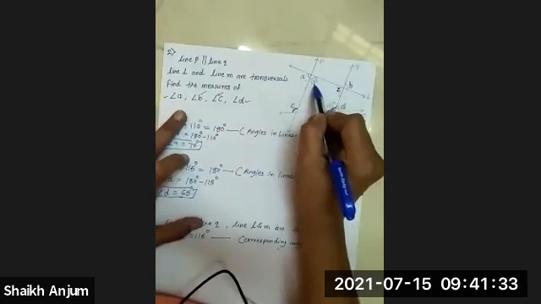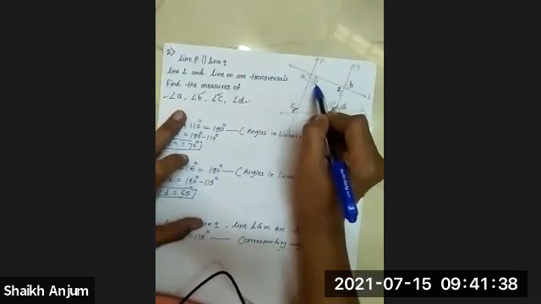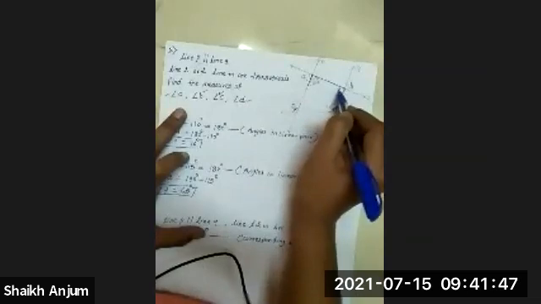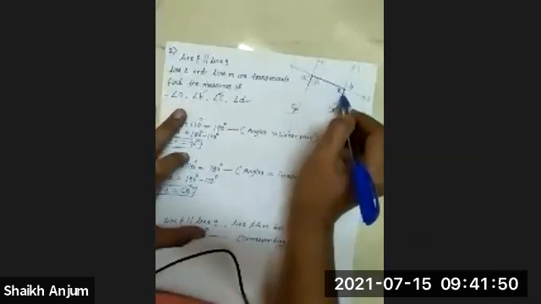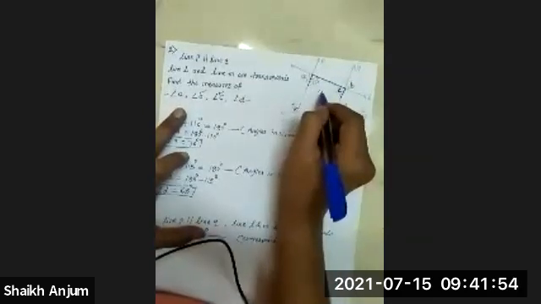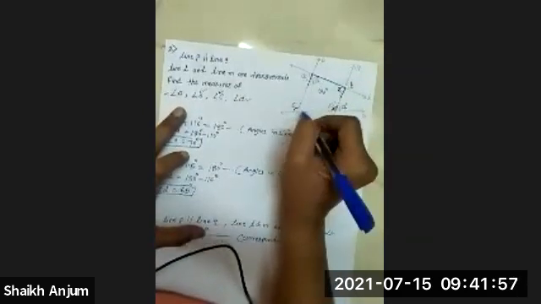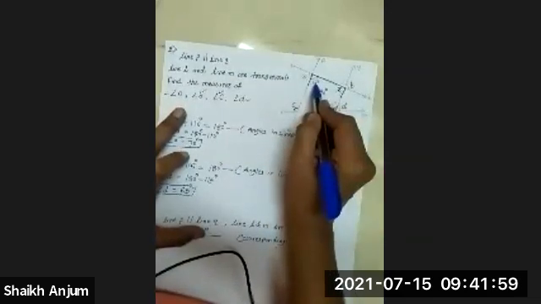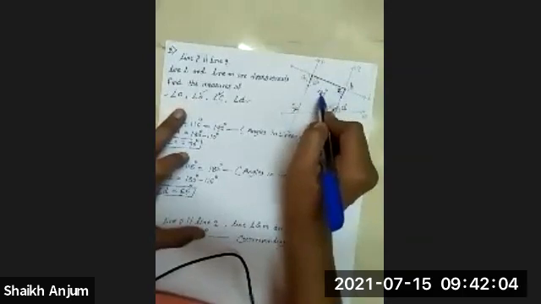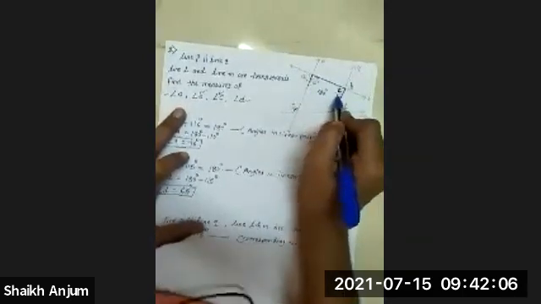So if one of the angles is 110, the next is subtracted from 180, that will be 70 degree.